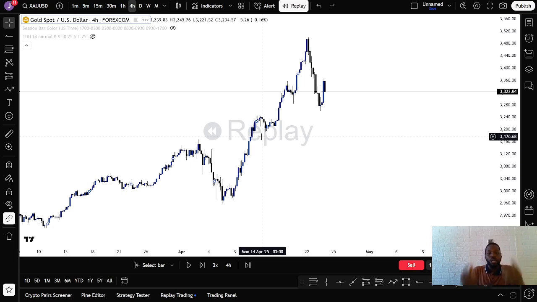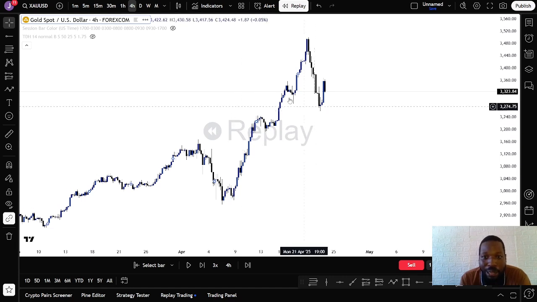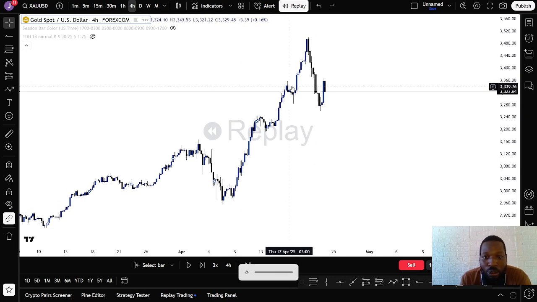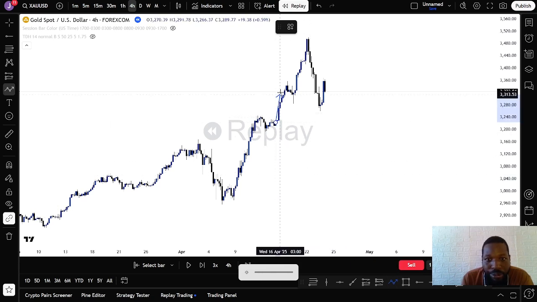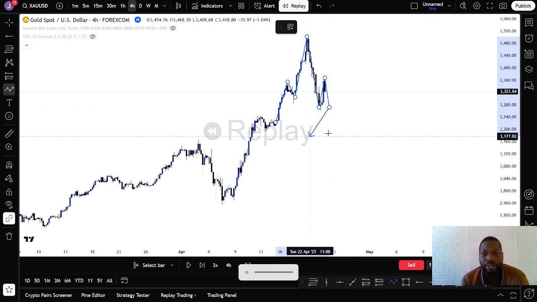For this, the one that I have in my chart in the 4 hours time frame, you can see that this is the shoulder, this is the head, and this is the shoulder, right?